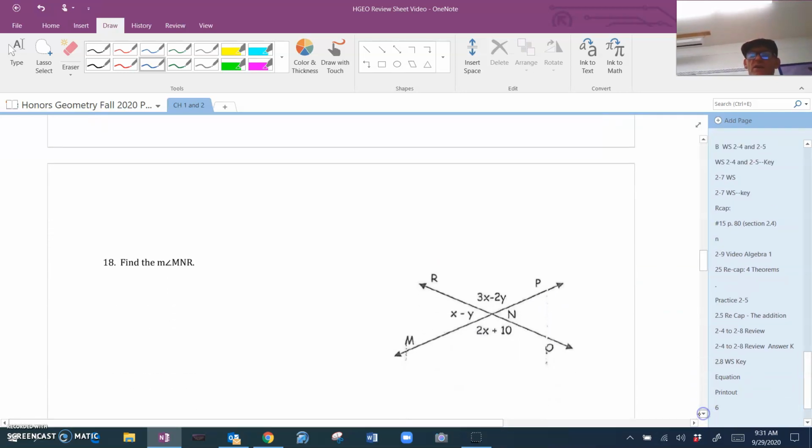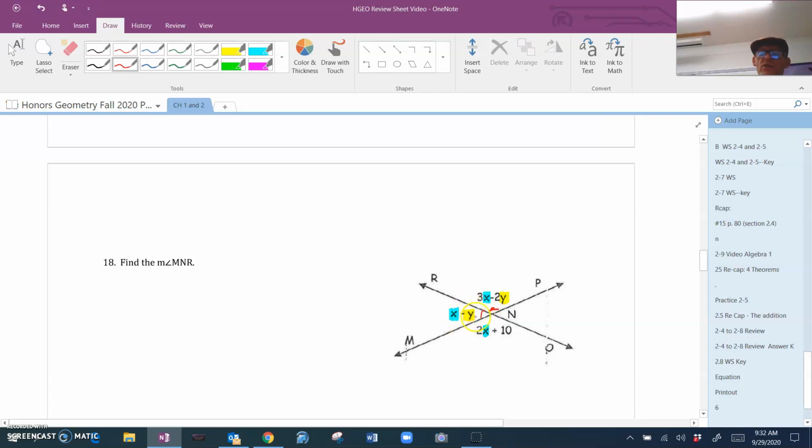All right, the next problem is going to be a system of equations. I can tell already because I see y's and I also see x's. Okay? So for this problem, the facts are that this angle and this angle are a straight angle.